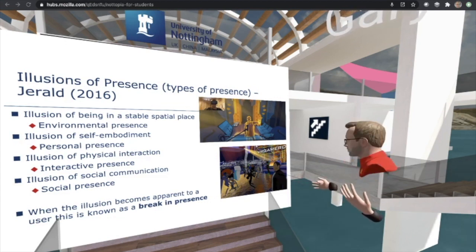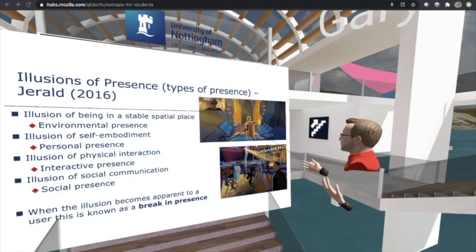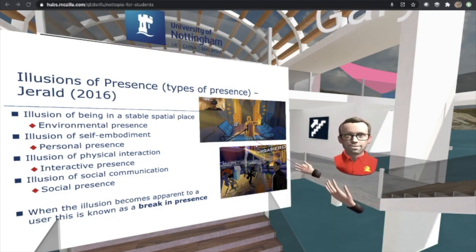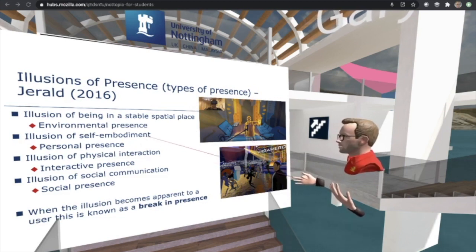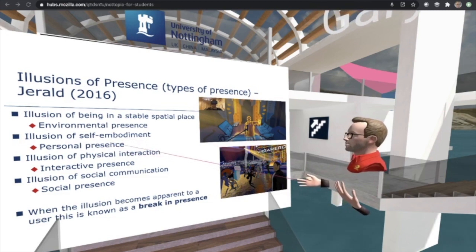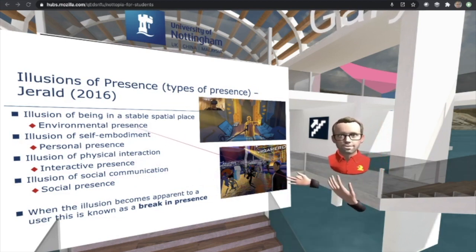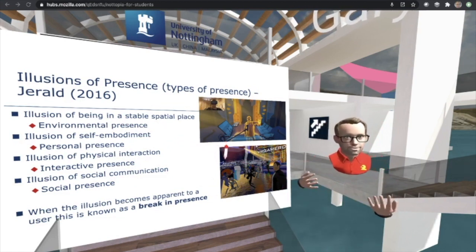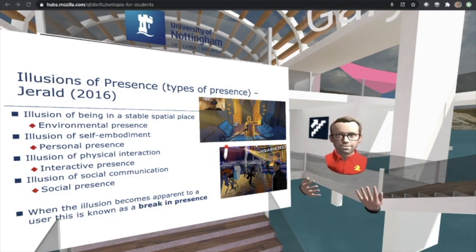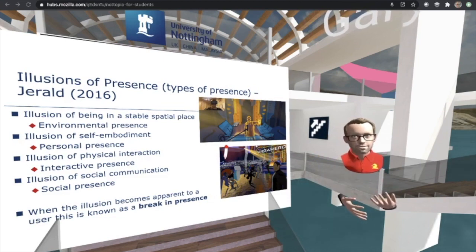The people are all dancing together, and this real person up here in their bedroom may have high levels of presence associated with self embodiment, with social communication, where they can interact with the world, and they believe they're actually on this dance floor with Jean-Michel Jarre very close to them. These are important things for us to think about when we design virtual reality experiences.